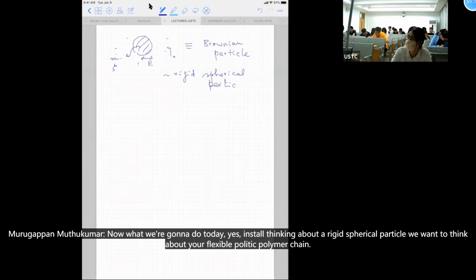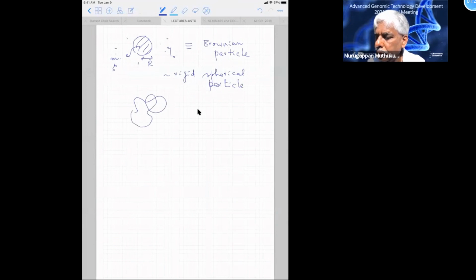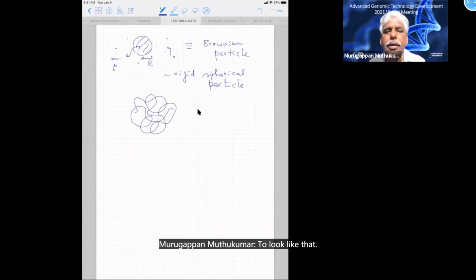Now, what we are going to do today is, instead of thinking about a rigid spherical particle, we want to think about a flexible polymer chain. It looks like that.